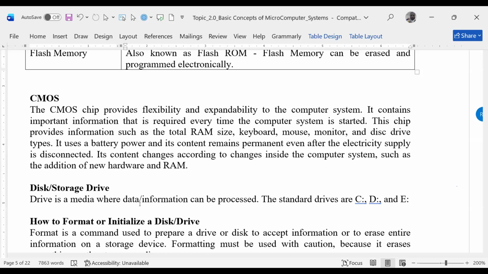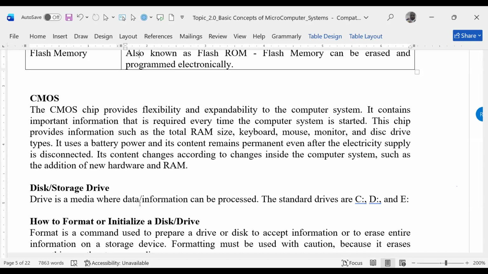You can connect your phone, a lot of devices that can be connected to your computer. And the possibility is done by the CMOS. So it's the CMOS that gives you flexibility, expandability, or compatibility of your computer system and other devices.